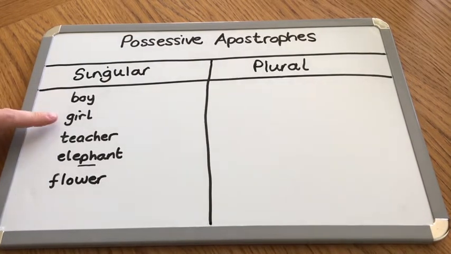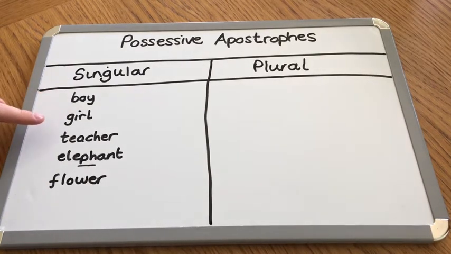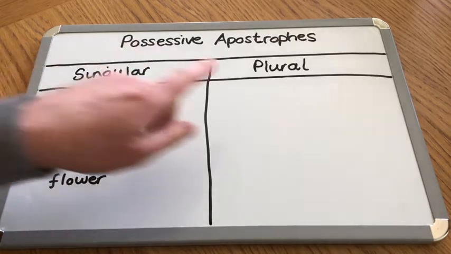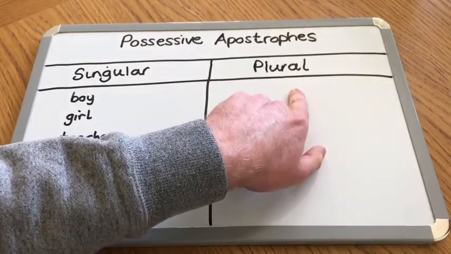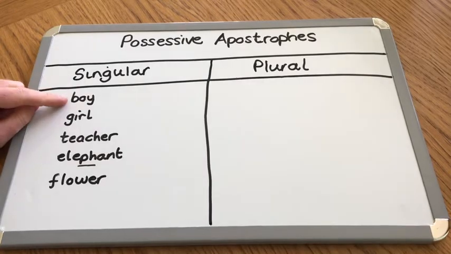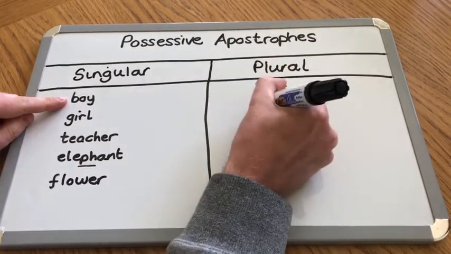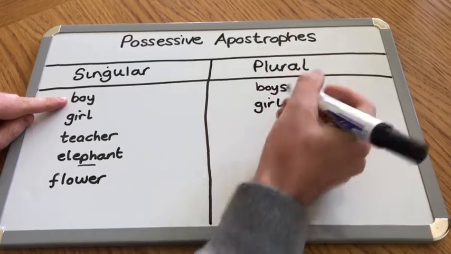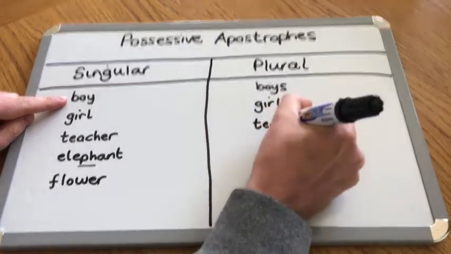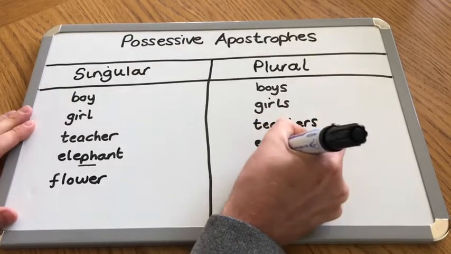Now these nouns are in the singular form. It's one boy, one girl, one teacher, one elephant, and one flower. We're going to change these into the plural form, so that will help us with our apostrophe use. So boy obviously becomes boys, girl becomes girls, teacher changes to teachers, elephants.